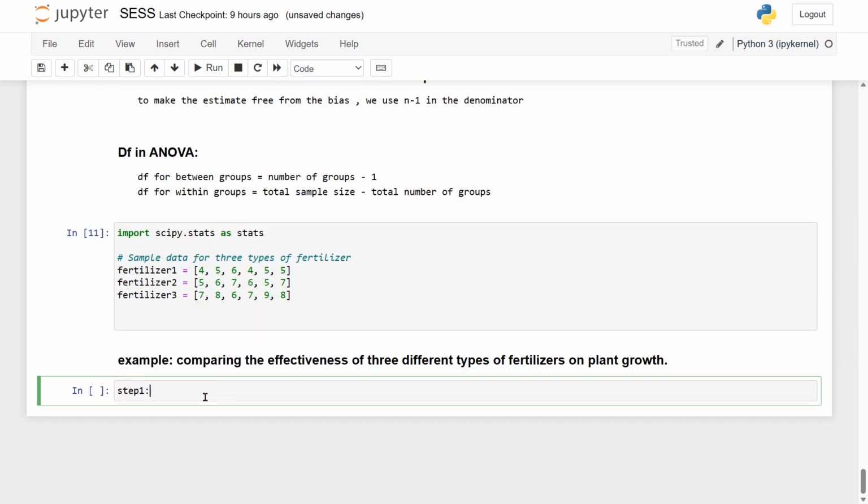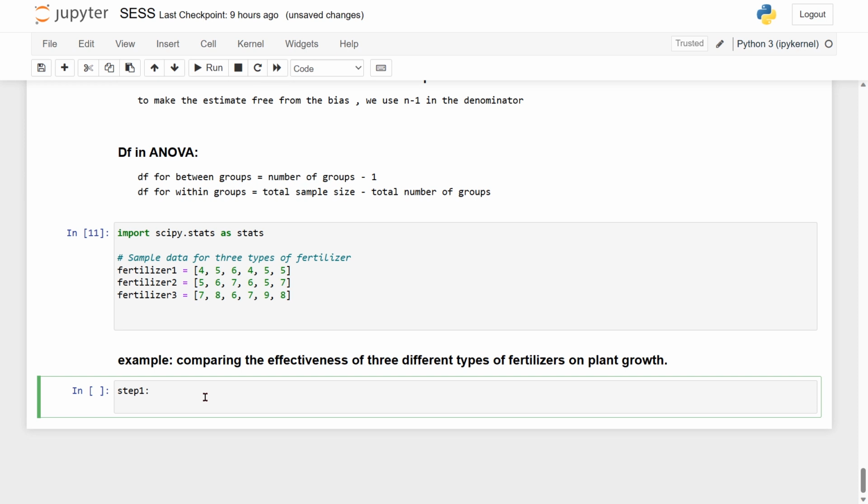Step one, let's make our null hypothesis first. H0, the null hypothesis, is that there is no significant difference in plant growth between the three types of fertilizer.